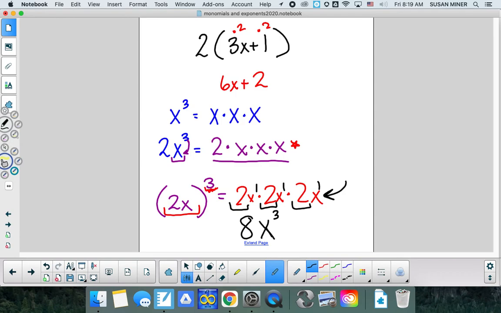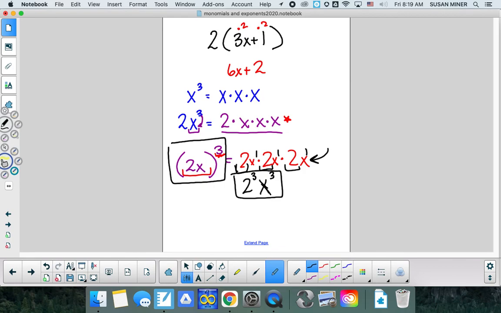But let's look at it in terms of exponents here: 2 to the third power x to the third power. Look at what I started with here. Look at what I ended up with after I simplified this expansion. Let's see if we can come up with a shortcut method for what's happening here.